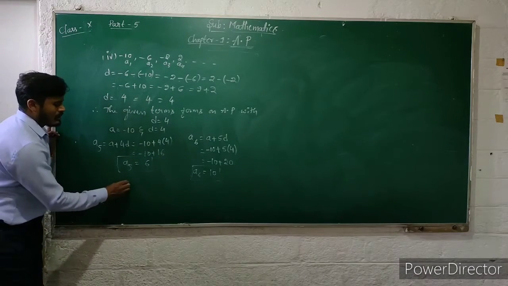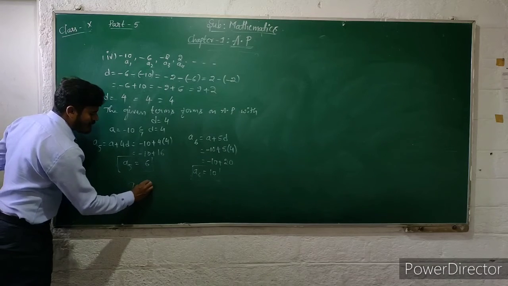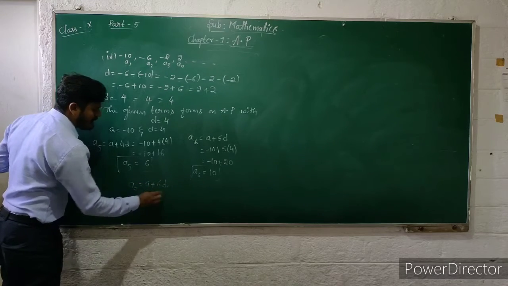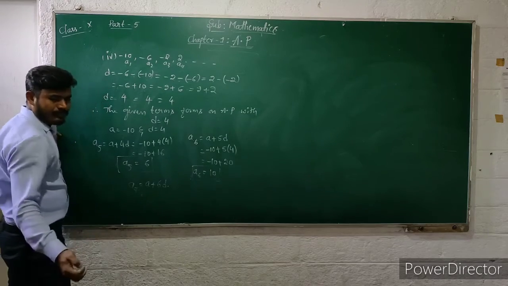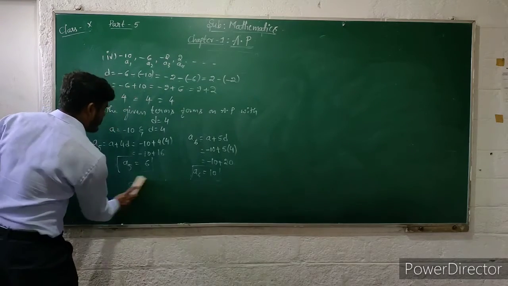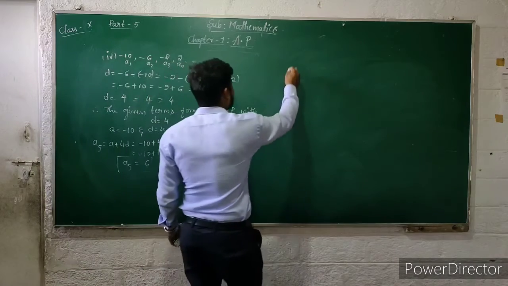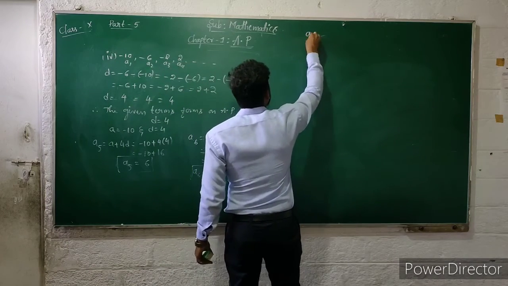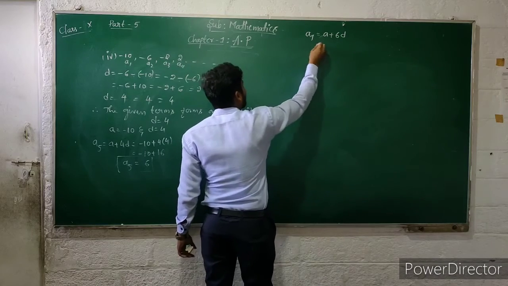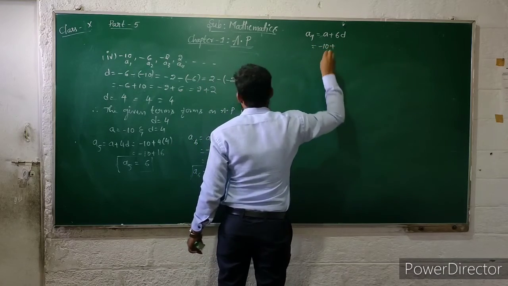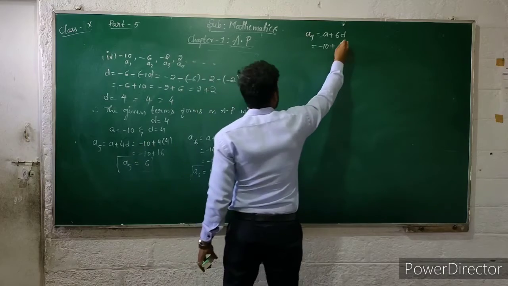Then what about the seventh term? Seventh term is A plus 6D. So here A is -10 and D is 4.